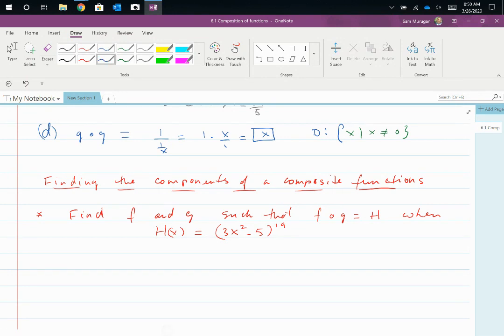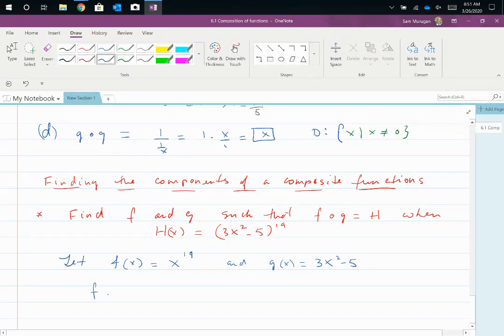So this function h raises the expression 3x squared minus 5 to the power 19. A natural way then to decompose h is to raise the function g of x, 3x squared minus 5, to the power 19. In other words, let function f equal x to the power 19 and function g equal 3x squared minus 5.